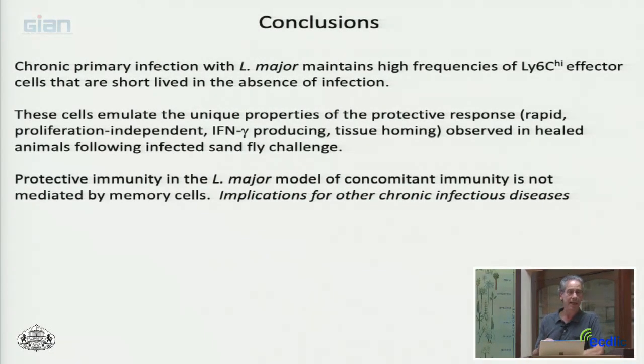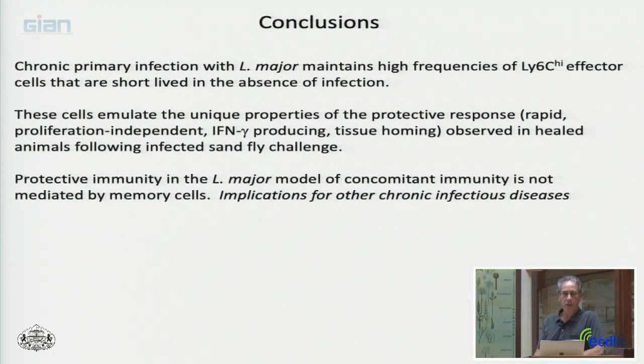As soon as they encounter antigen in the tissues that they find it, they'll secrete the cytokine. And importantly, they're tissue homing. And these are the cells that are maintained in the healed animal and recruited rapidly to the skin in infected fly challenge. So protective immunity in the L. major model of concomitant immunity is not mediated by memory cells.